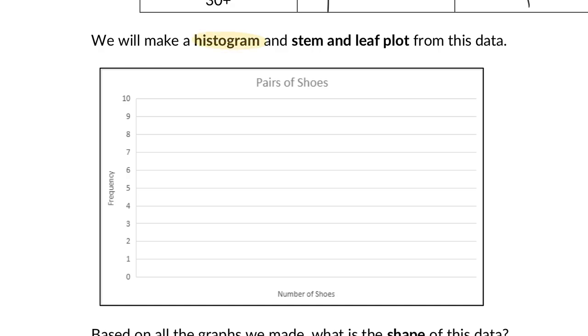A histogram this time is going to have the bars touching because we are showing multiple numbers in each rectangle. And immediately after finishing the 1 to 5 rectangle, the 6 to 10 rectangle takes over. So we want to show that there's no break in our data, in our number line, if you will. So all of our rectangles need to be touching.